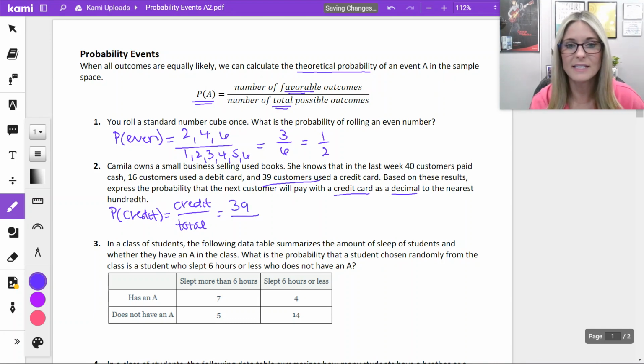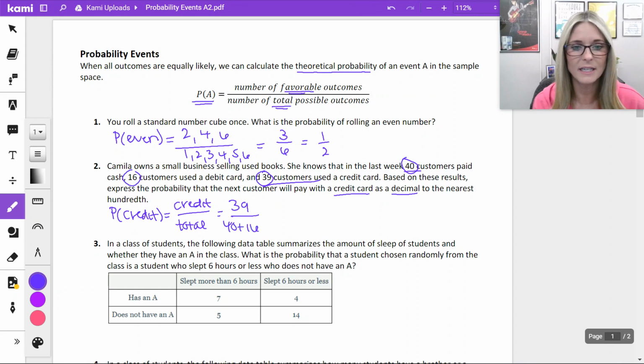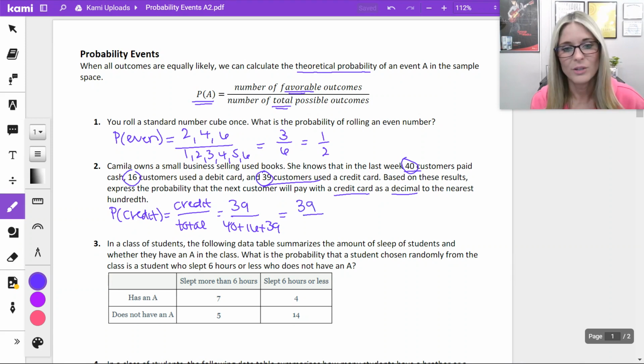Total customers, they did list them out. We had 40, 16, and 39. Let me circle those. 40 plus 16 plus 39 was the total number of customers. When you add up all of those in that denominator, we get 95 total customers that they had in the last week.